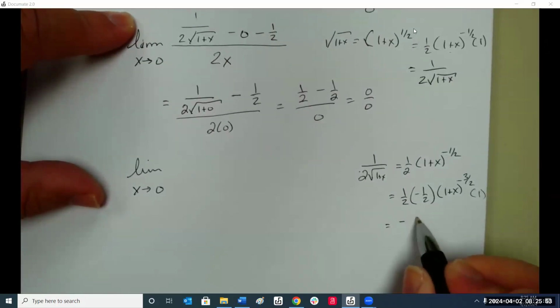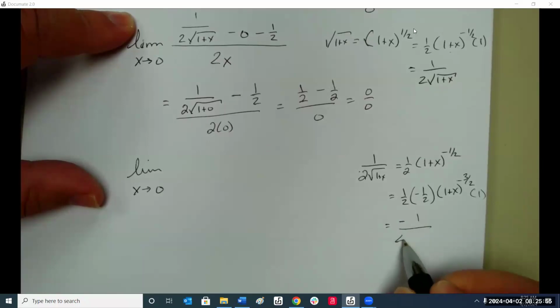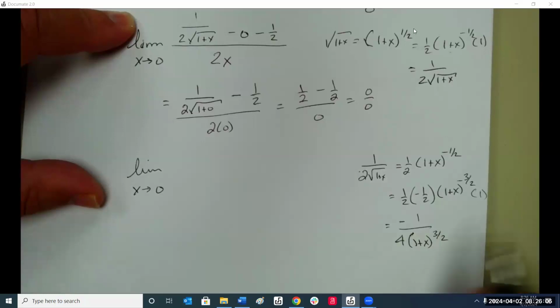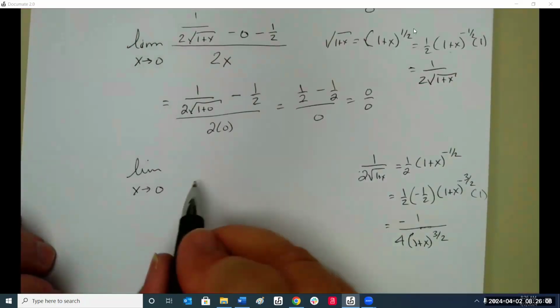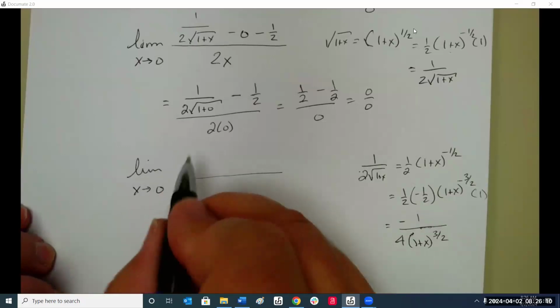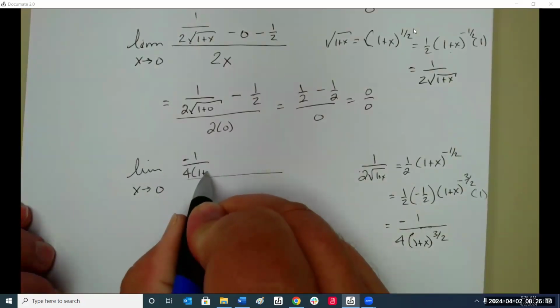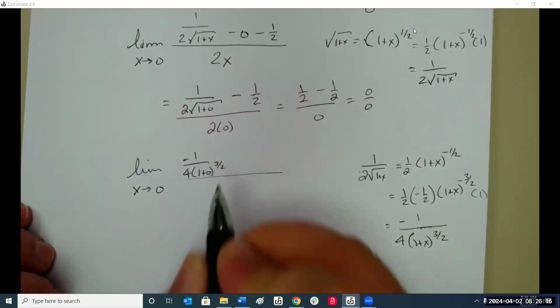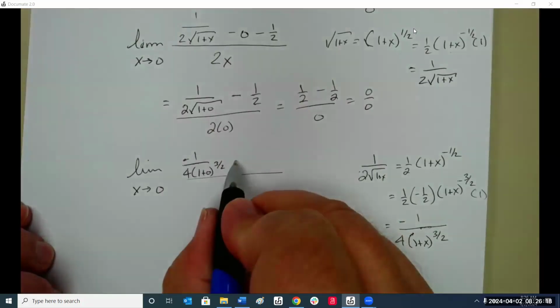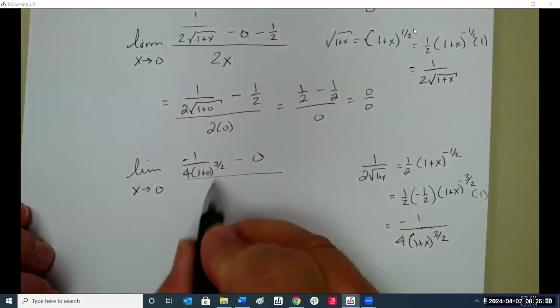So it's negative 1 over 4, 1 plus 0 to the 3/2, minus 0.